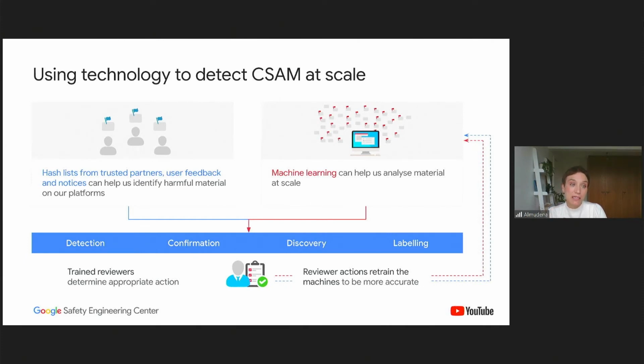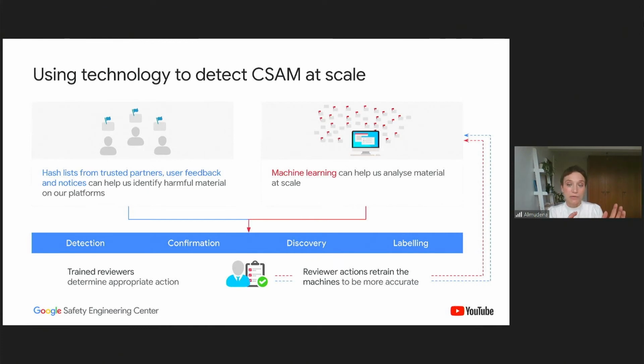They feel re-victimized every time this content is shared and is viewed by perpetrators. So hash lists help us to do that. We also work with trusted partners to help us identify the key content, and we get users' feedback and notices. And that is the bread and butter of the work that we do.